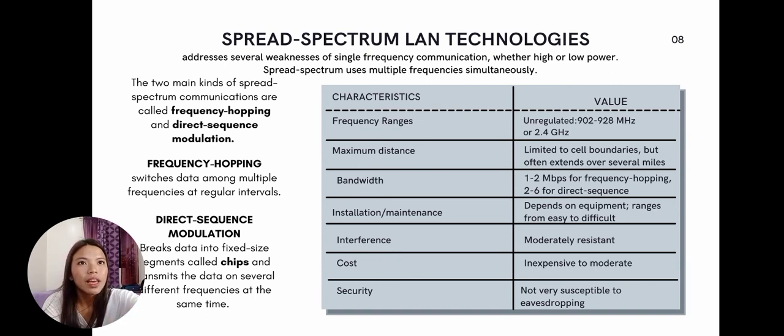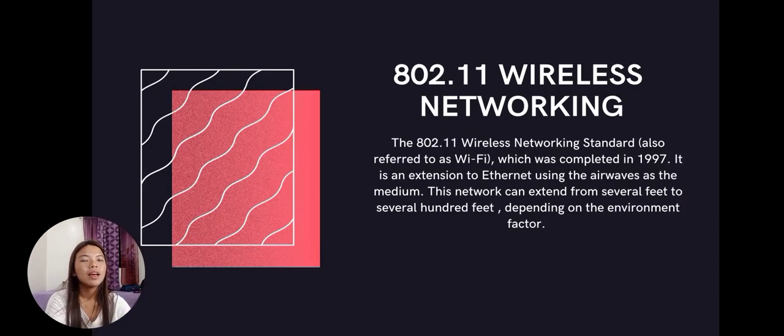Next one is 802.11 wireless networking. The 802.11 wireless networking standard, also referred to as what we are using now, called Wi-Fi, was completed in 1997.